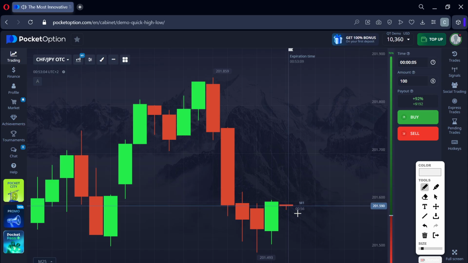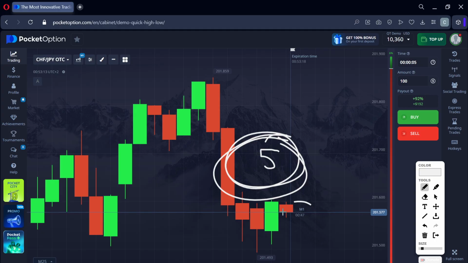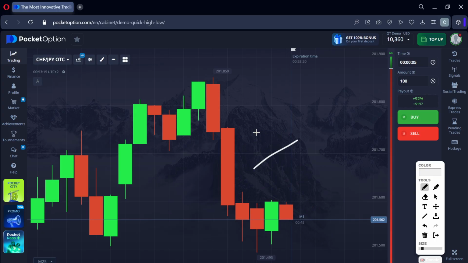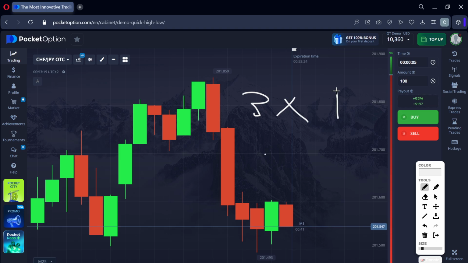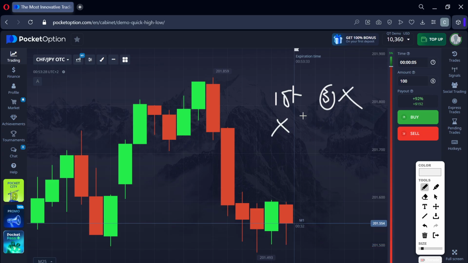That's another important thing. I would suggest when there's around 5 seconds left in the candle countdown, don't take the trade. So it's simple. Don't take the trade in the first 3 seconds, and don't take the trade in the last 5 seconds.